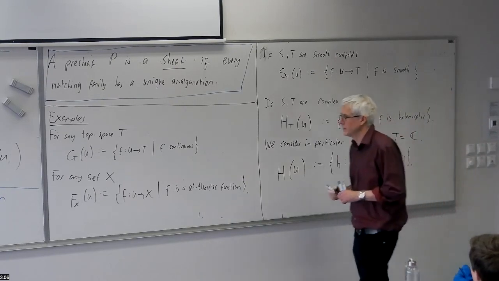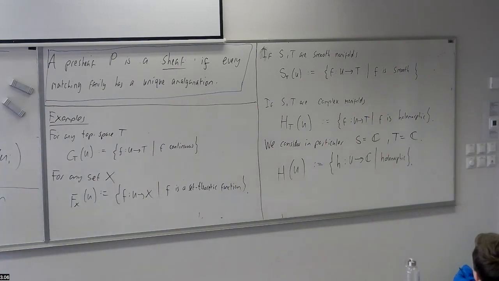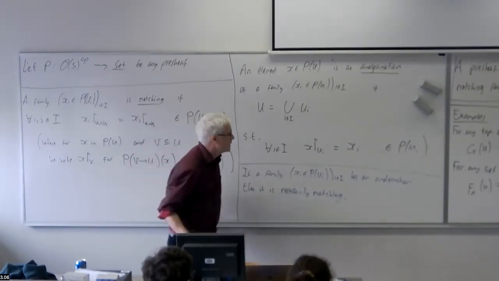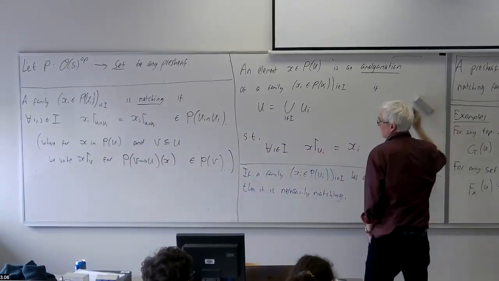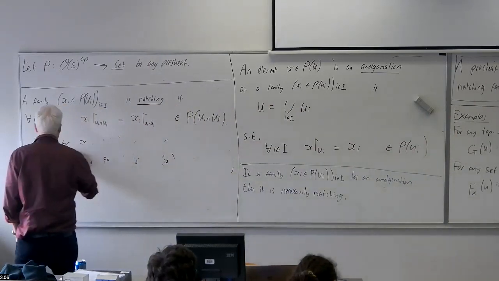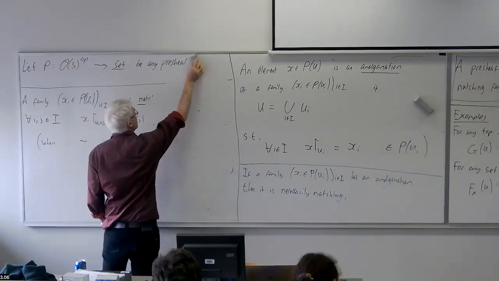And again, these form a sheaf for the same reason as before. So at the risk of being a bit repetitive, I'm just going to very briefly write down again what it means to be a sheaf, but just in words.